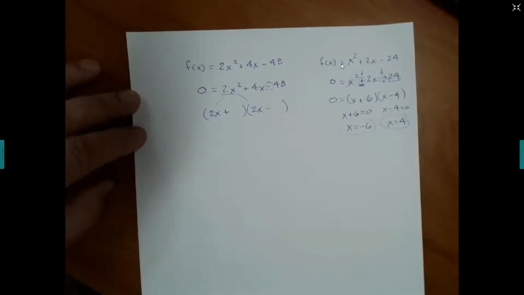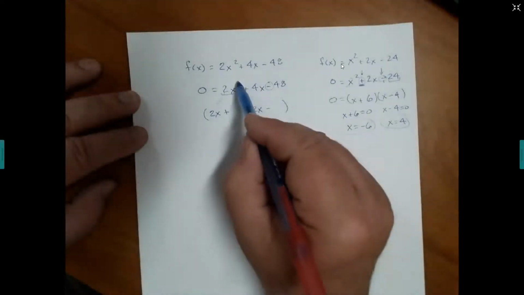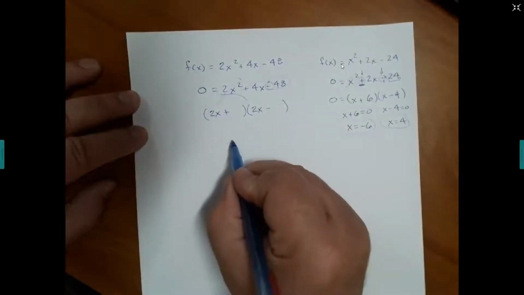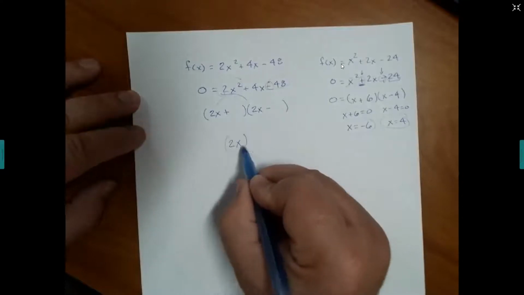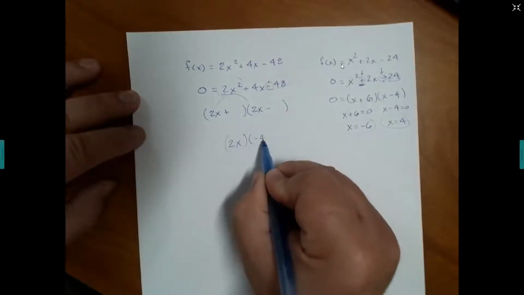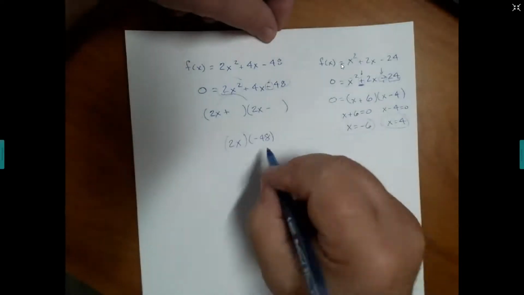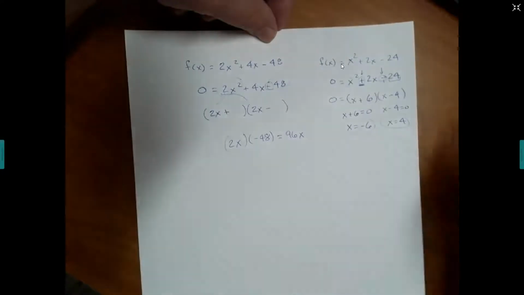Now here's the difference. In this other method, if you have a leading coefficient, take the first term times the last. So 2x squared times -48. You get 96x.